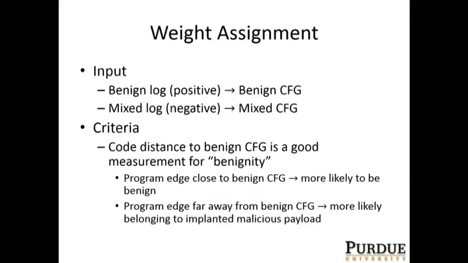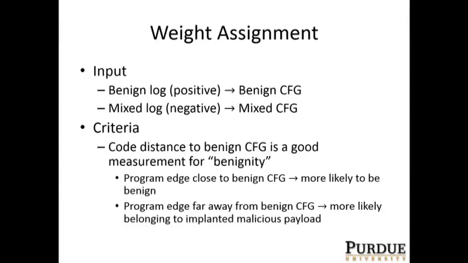We derive a benign control flow graph from the benign log, which is used for weight assignment for positive training data, and derive a mixed control flow graph from the noisy mixed log, which is used for weight assignment for negative training data.